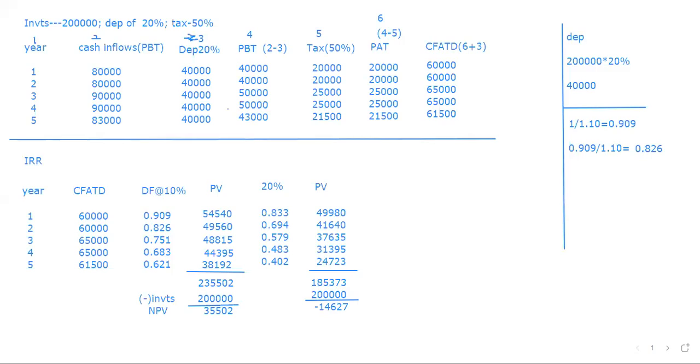So first, I got positive PV, which is equal to 2,35,502.